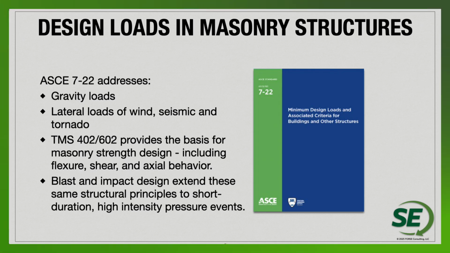Blast and impact design extend these same principles to these short duration, high intensity pressure events. We're going to learn how to get loads from those analyses and apply them to a common masonry building.